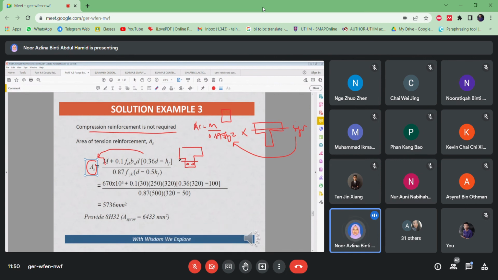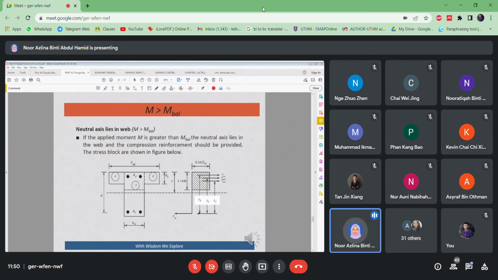Okay, once the neutral axis lies in the web here, so on and so forth, we get AS provided 6433, 8 H32, that's a lot. So the flange should be a bigger size here. So 8, maybe arrange them 1, 2, 3, 4, 7, 8. When arranging them, it should be in equilibrium, it must be balanced, mirrored. It should be mirrored. Okay, it should be mirrored.